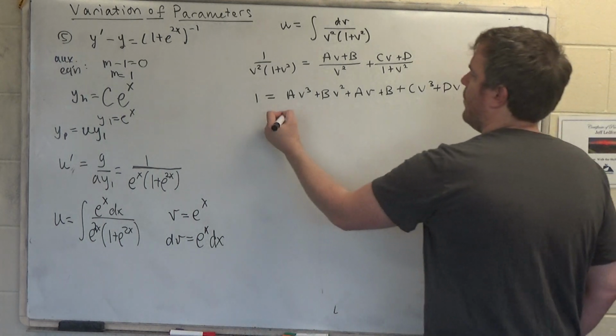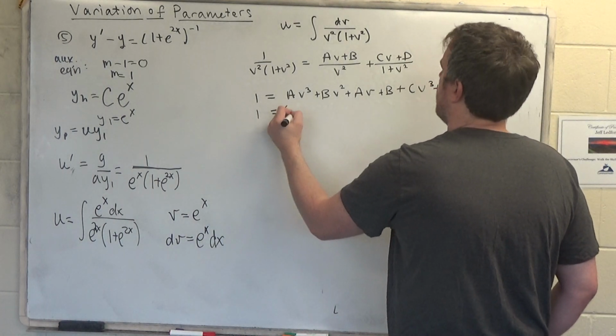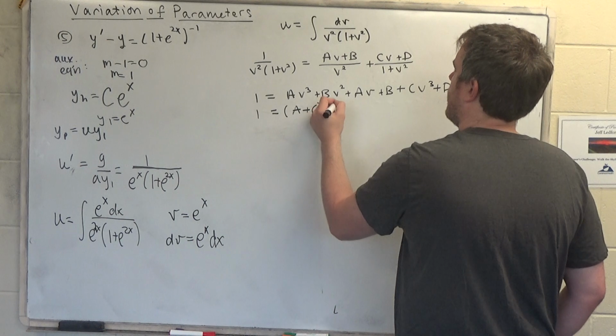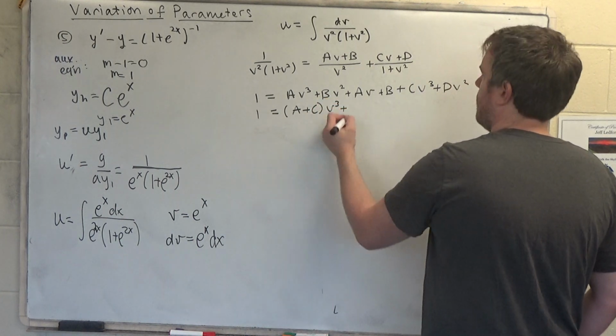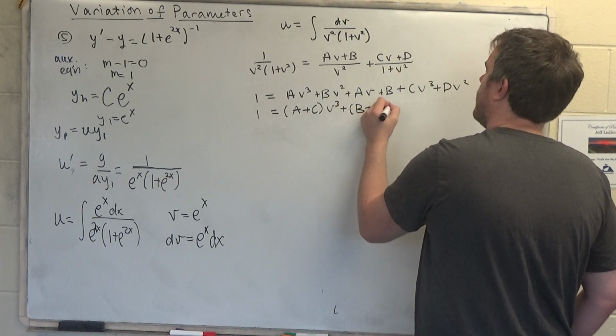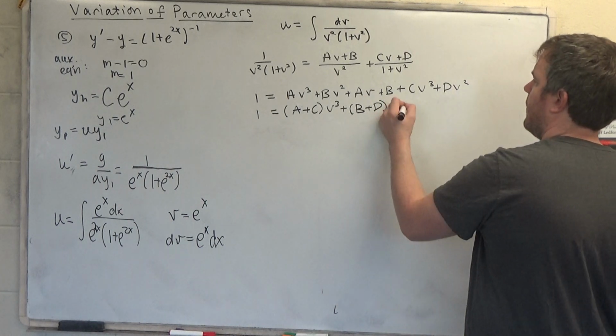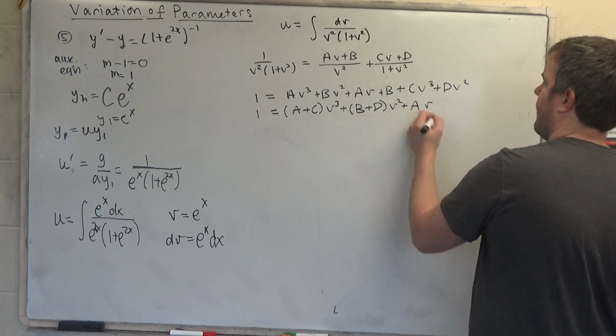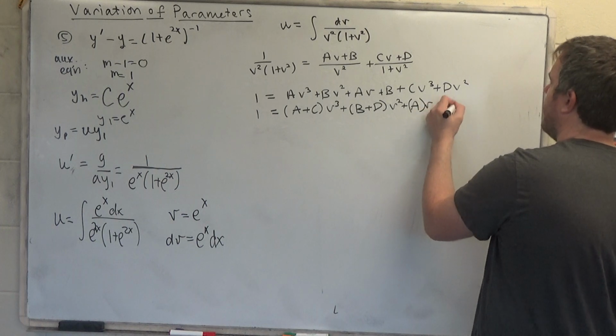Collecting terms of this polynomial tells me that 1 equals (a plus c) v cubed plus (b plus d) v squared plus av, and I'll put that in parentheses for no real reason, plus b.